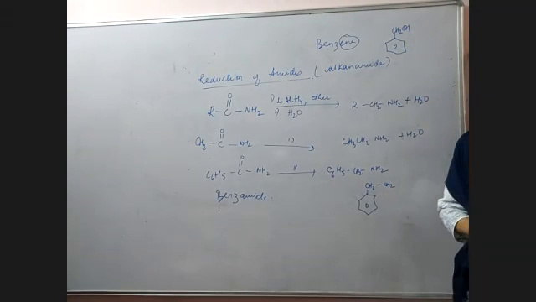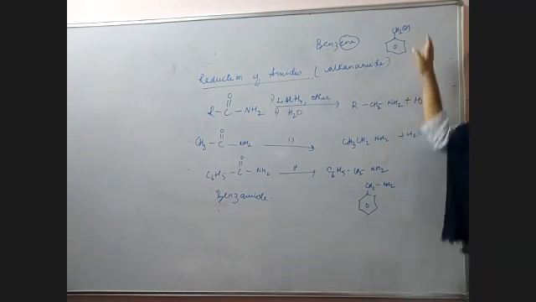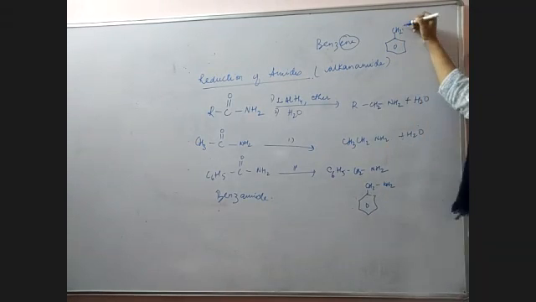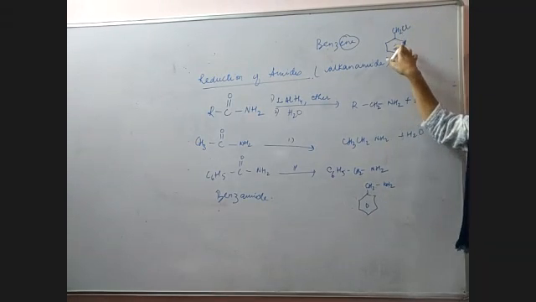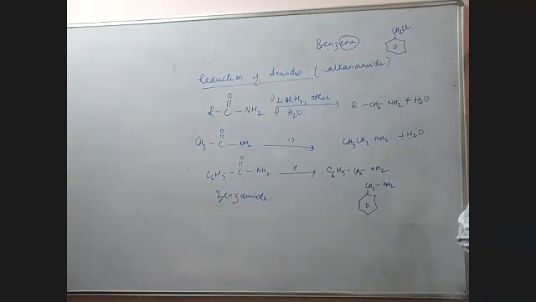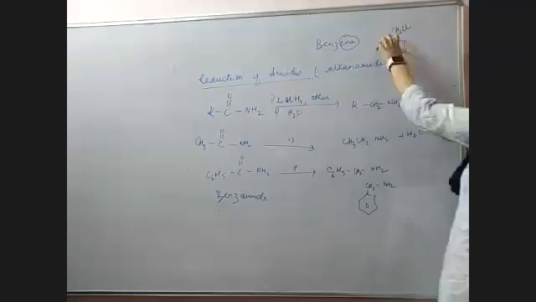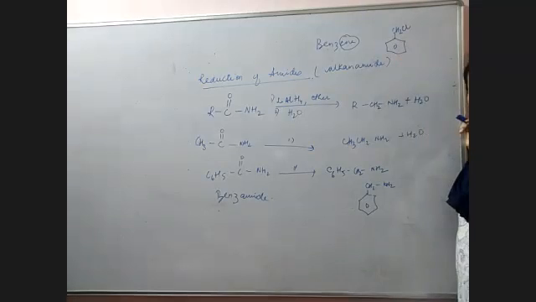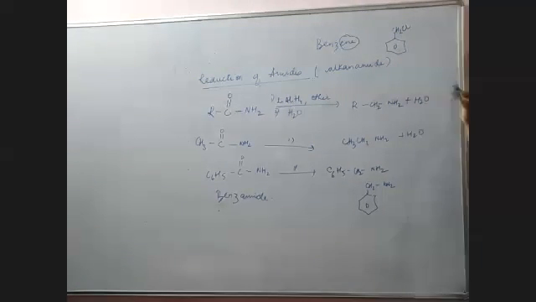C6H5CH2OH. Okay, I'm removing this OH. If I write C6H5CH2Cl, benzyl chloride. This was benzyl chloride because this carbon is known as the benzylic carbon. The first carbon attached to the benzene ring is benzylic.